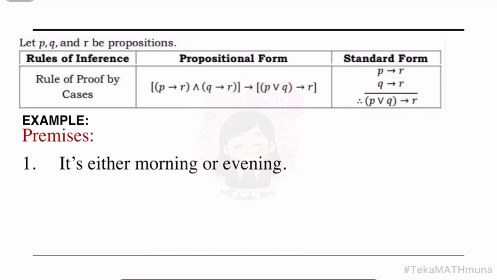And lastly, we have the rule of proof by cases. If you can prove R from case P and also prove R from case Q, then R is true whether P or Q happens. So this is the symbol.